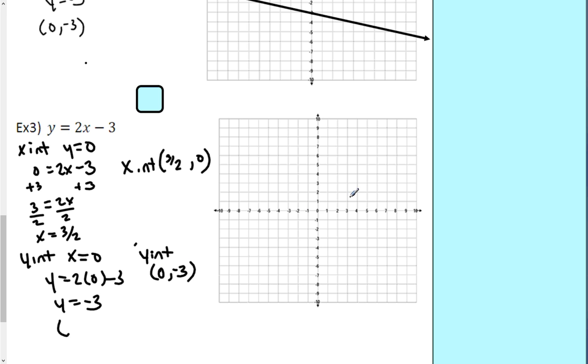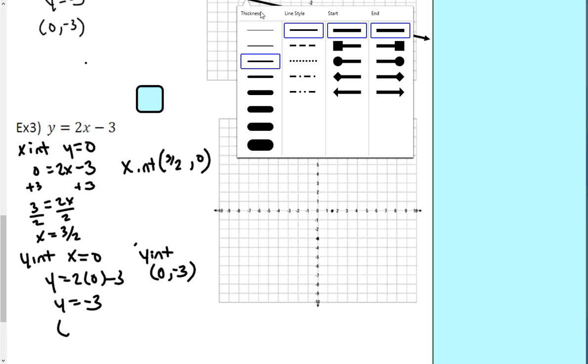Go ahead and graph those 2 points. Remember, 3 halves is 1.5, so 1.5, comma 0 is here. And 0, negative 3 is here. There's my 2 points. Let's make a line out of them, right?